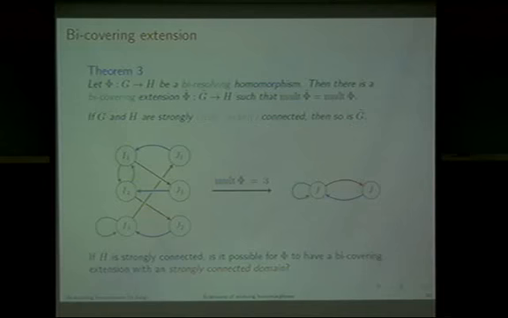There is an example where G is just a graph and H is a strongly connected graph, and for any bi-covering extension of the original bi-resolving homomorphism, phi tilde cannot be found so that the domain is strongly connected. So we want to find such a condition.